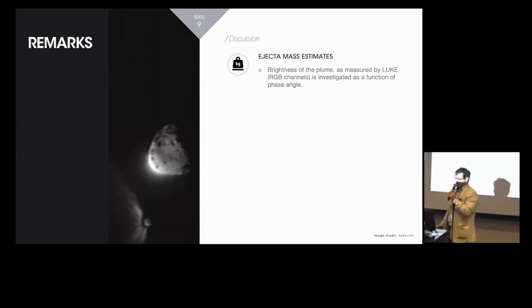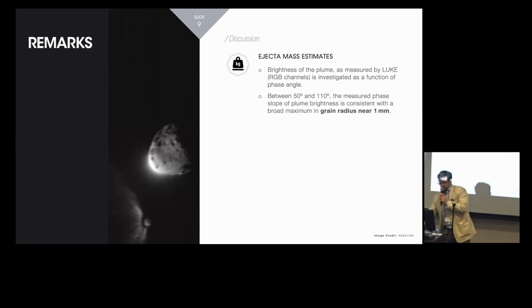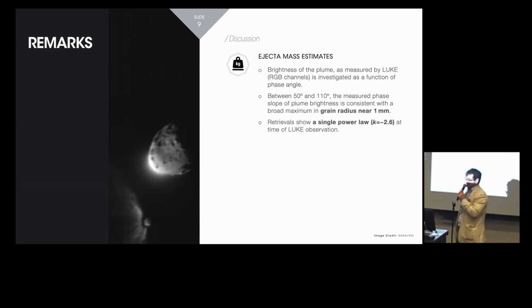So summing up, the brightness of the plume measured by LUKE in the RGB channels was investigated as a function of phase angle. Between 50 degrees and 110 degrees, the measured phase slope of the plume brightness is consistent with a broad maximum in grain radius of about 1 millimeter in size.